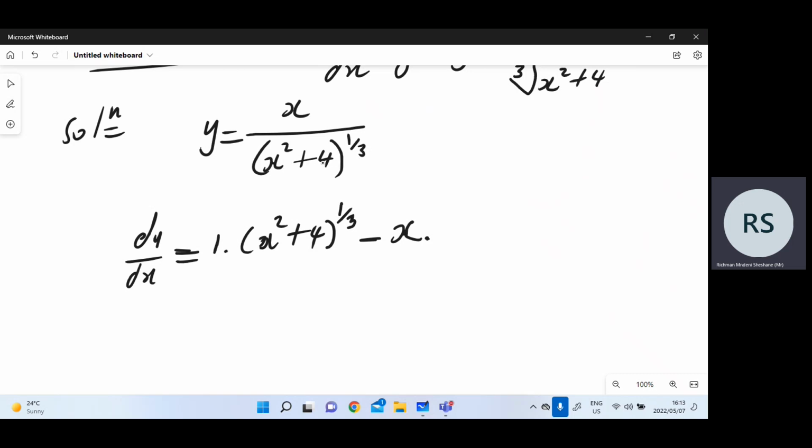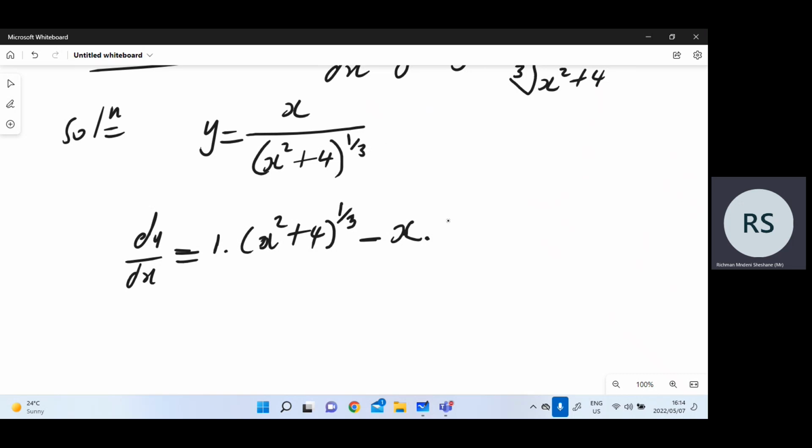Quotient rule says derive the numerator with 1 while we leave the denominator, minus, and now we leave the numerator and multiply by the derivative of the denominator. Now let's find the derivative of the denominator. We apply the standard formula number 1, because we're deriving a function that is to the power of n.